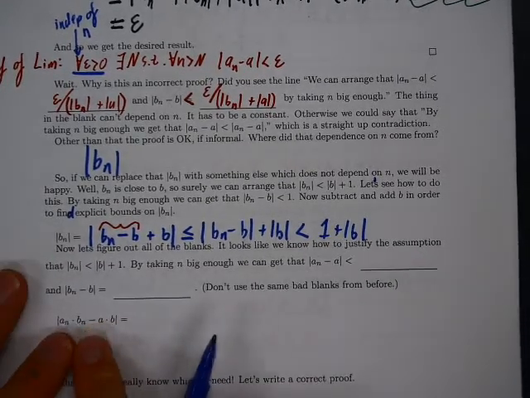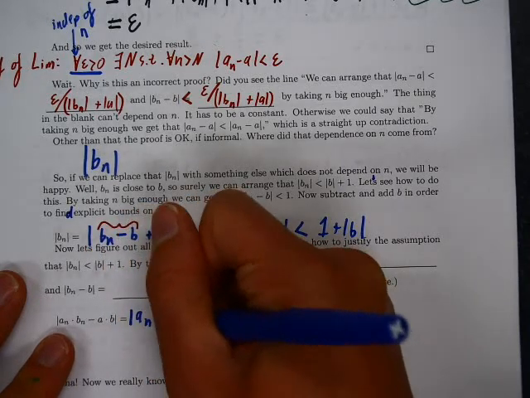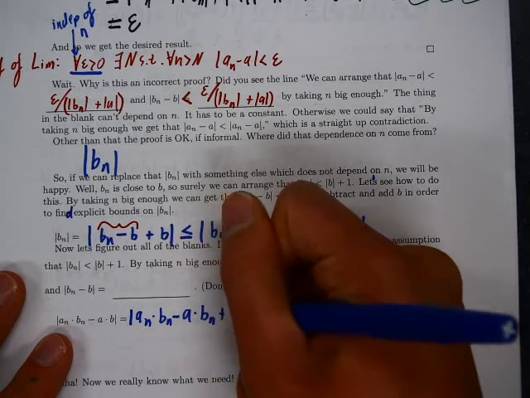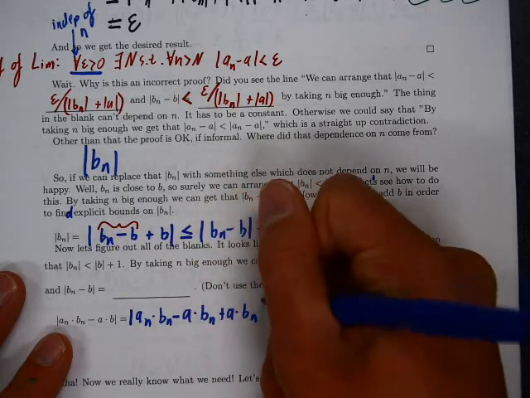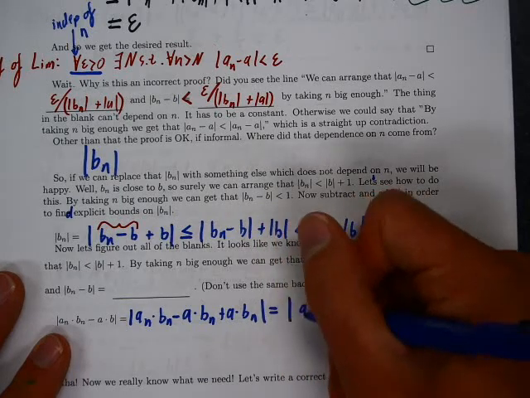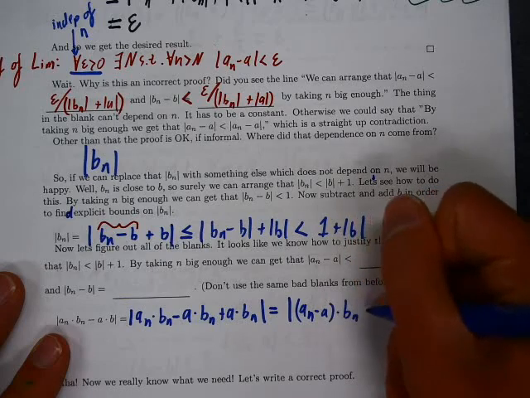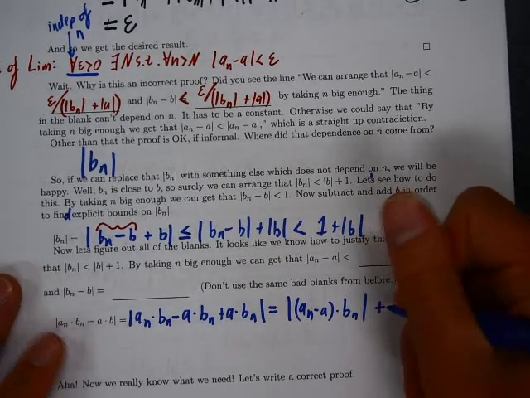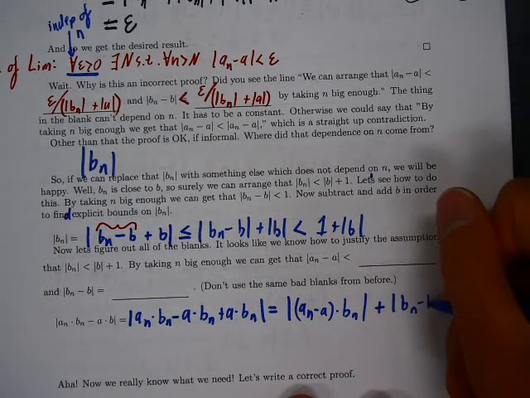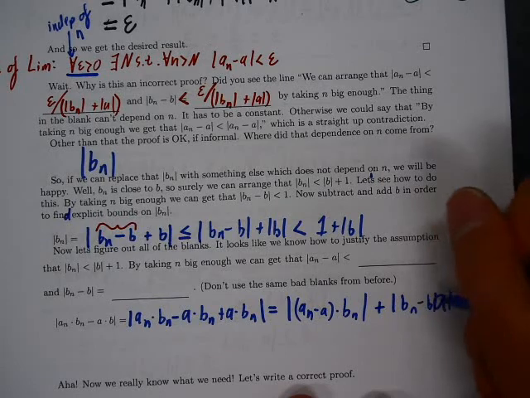A sub n times b sub n minus a times b is the same thing as a sub n times b sub n minus a times b sub n plus a times b sub n minus a times b, which is equal to the absolute value of a sub n minus a times b sub n plus the absolute value of b sub n minus b times a.